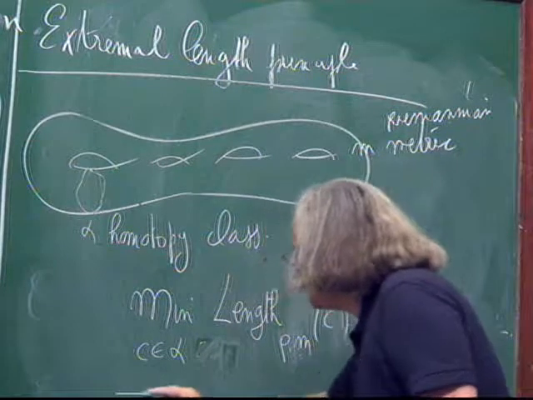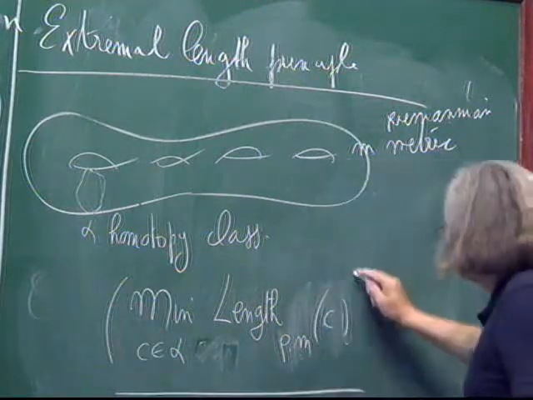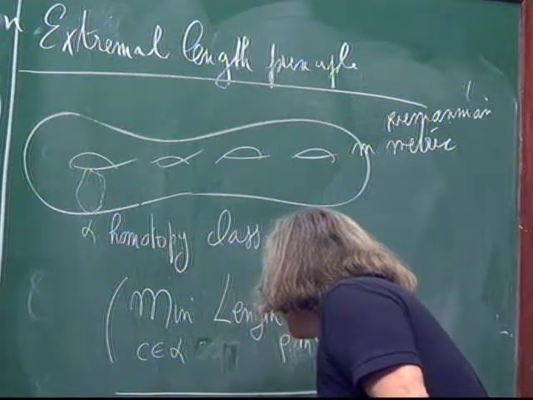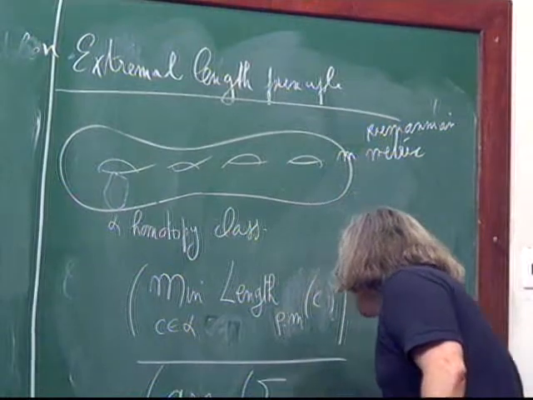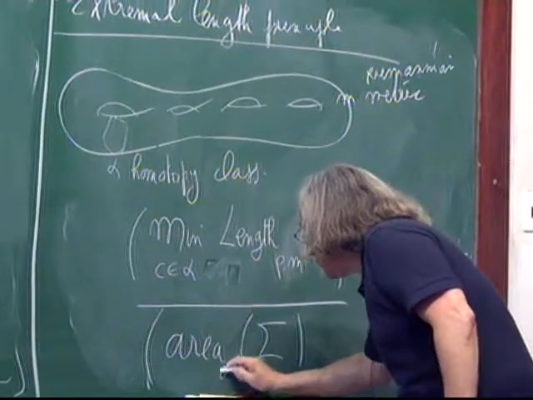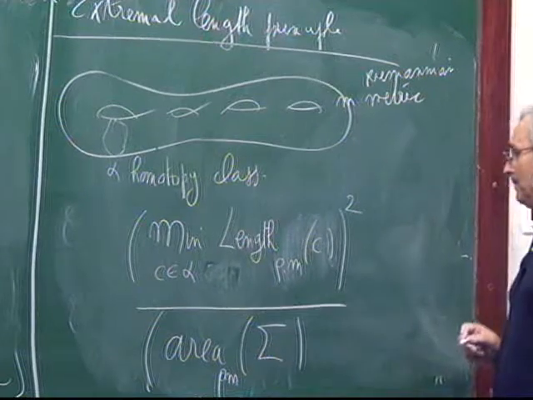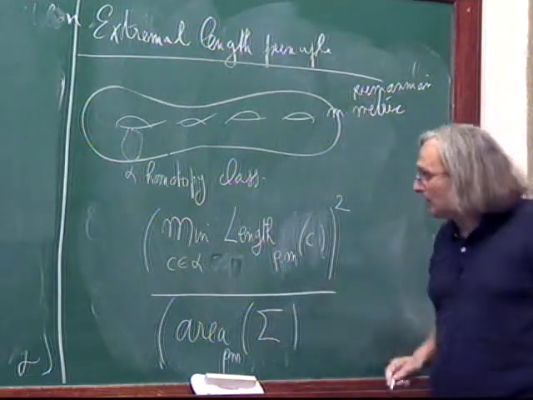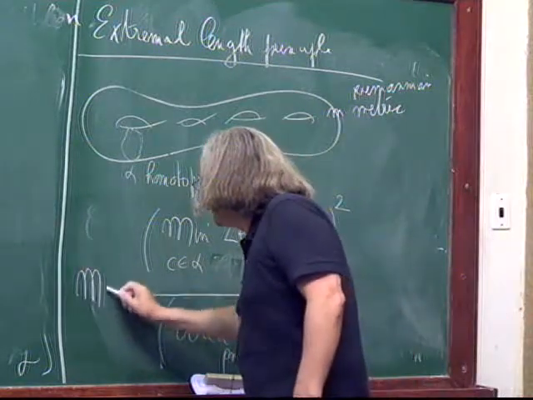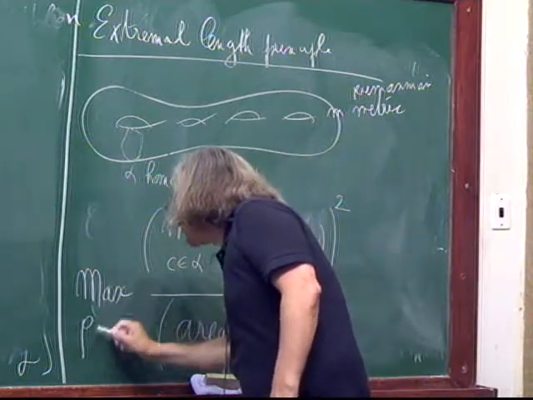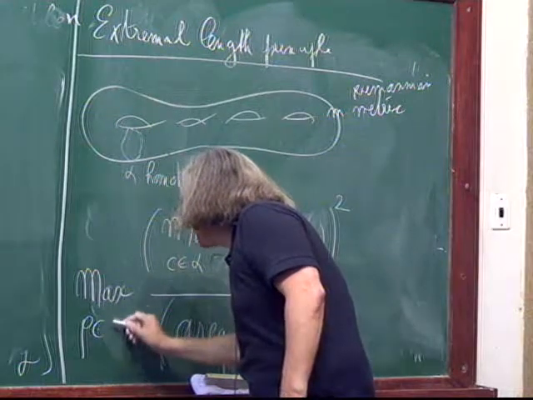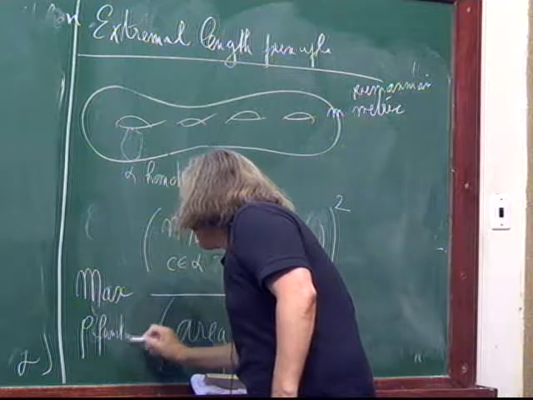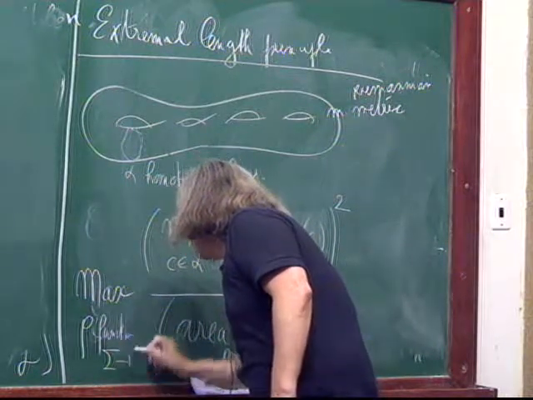So to make it homogeneous, you take its square and you divide by the area of the surface sigma as measured with the metric rho M. This still depends on the choice of the function rho, and you maximize that over all smooth functions rho from the surface to R plus.